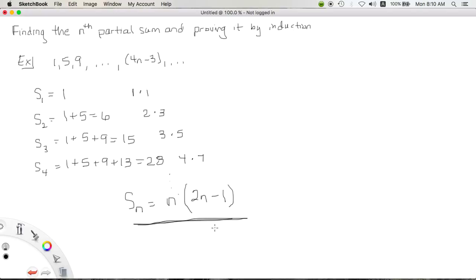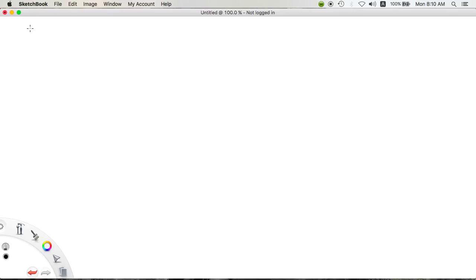Now, the trick is we're going to have to prove this. So we need to use induction to prove this. So what we're going to say is we want to prove that this is true for all n, for every integer n. So we're going to use induction. So here's our statement that we're making that we want to prove.